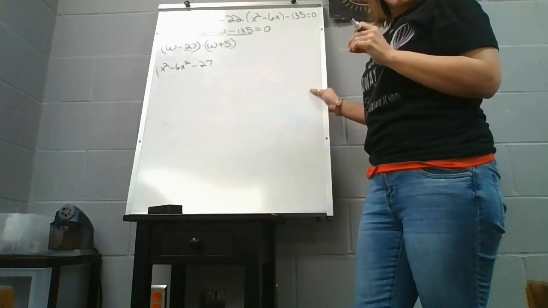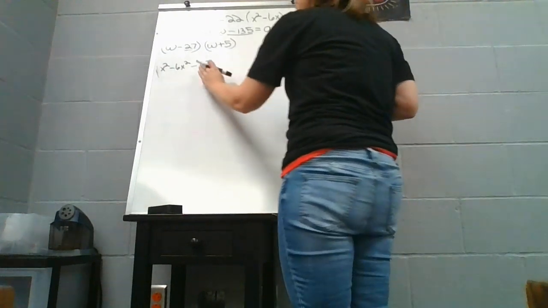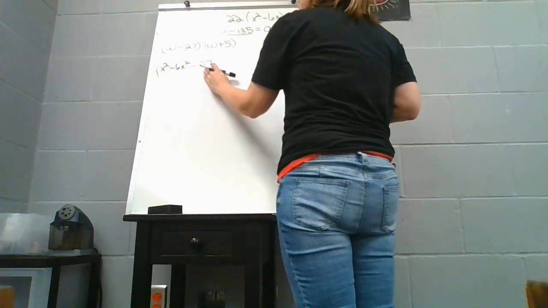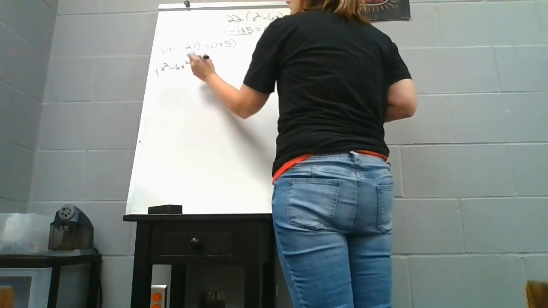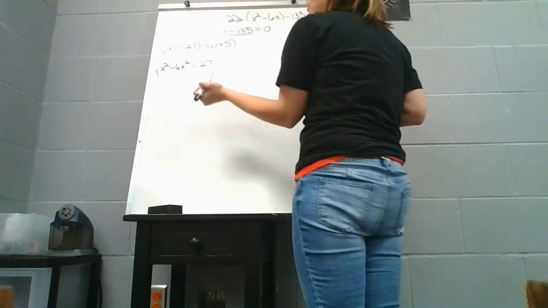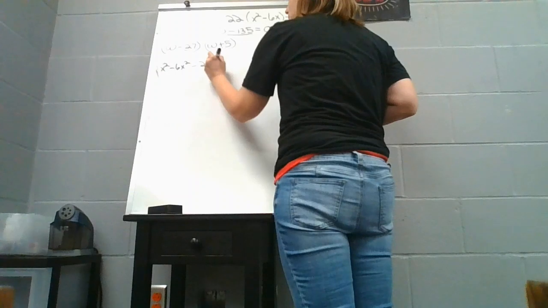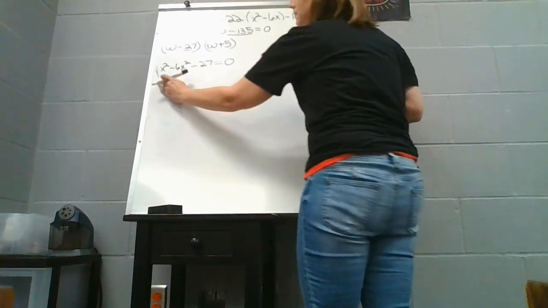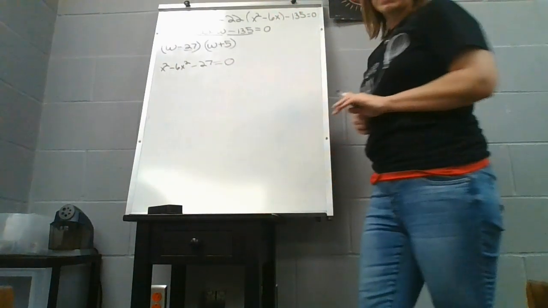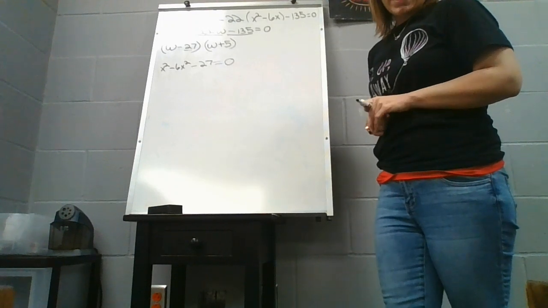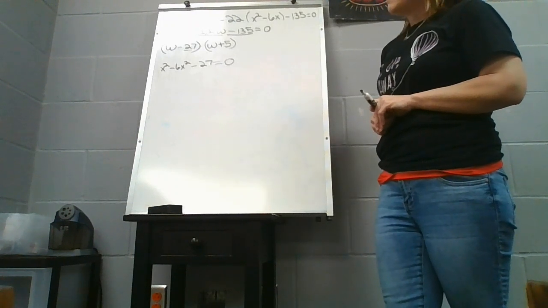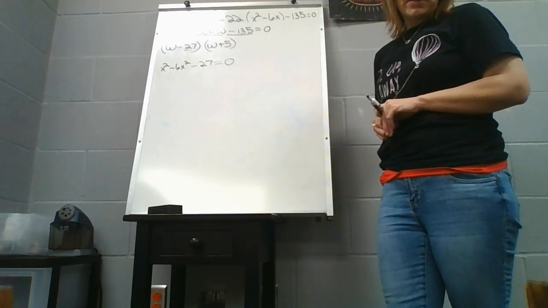And we're going to rewrite it to where 27 is also going to be on the left-hand side. So it's going to come back to give our negative sign. So we'll go ahead and erase that, and we'll put equals 0. So x² - 6x - 27 = 0.